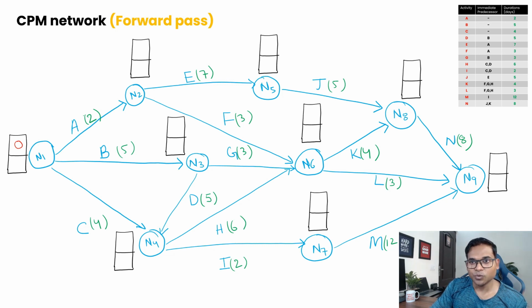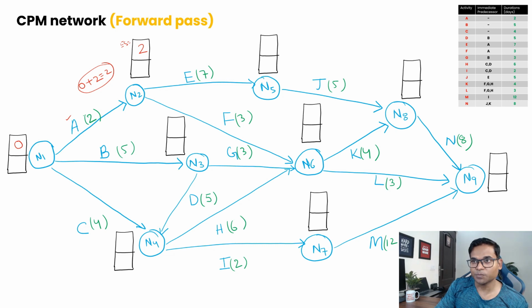Now suppose you want to complete activity A. Let's follow this path from n1 to n2. The earliest you can finish this activity will be 0 plus 2 days. Let's say it takes 2 days in total to complete this activity, and that becomes 2 days as the early start for this node.